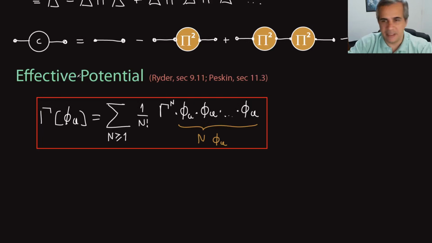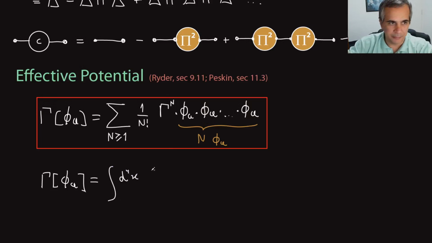But I could have done this differently. I could write a different expansion for the effective action, which is sort of a Taylor series for the classical field, right? In terms of derivatives of the classical field. So that would look like something like this. And I named the first coefficient minus u of phi classical, which is a function of x.